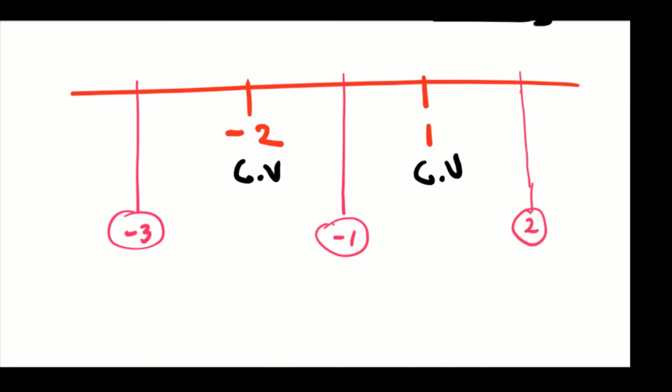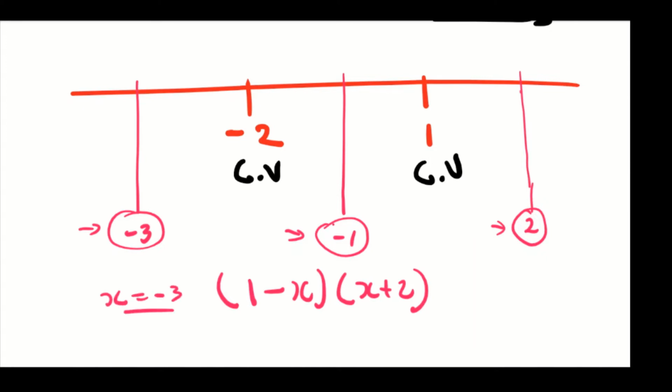You're going to test these values in your equation, 1 minus x times x plus 2. For example, put x equals minus 3, substitute it here and here, and find the sign.